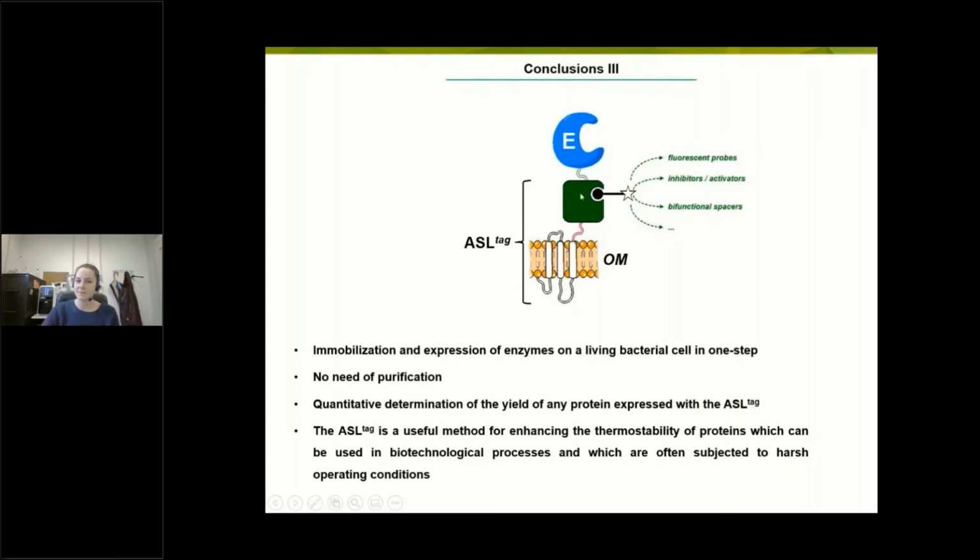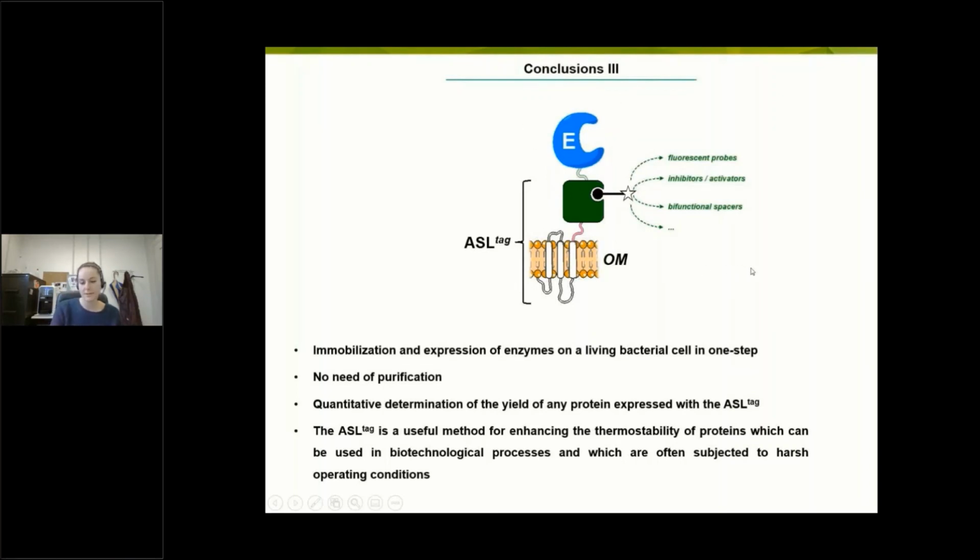And by using the same moiety, we can also apply fluorescent probes or modulate the activity of the enzyme of interest by using inhibitors or activators conjugated to the H5 moiety. So it is a very powerful method for every application, but also for enhancing the stability of the enzyme.